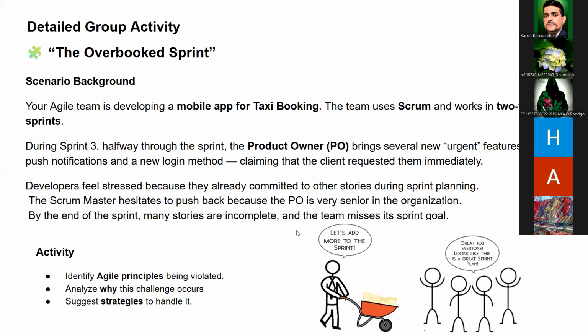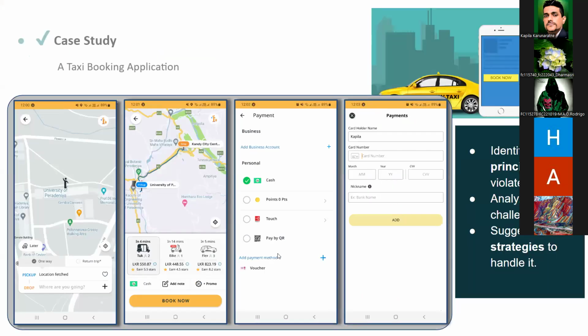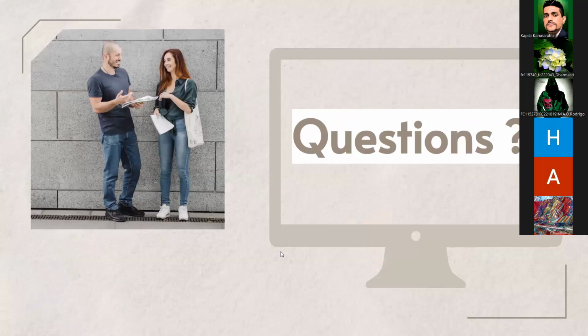I'm not going to do this here. This is a small activity, but try it on your own. I will share the answers. I have given three activities, right? I will share the answers next week, so then you can review your answers whether they are correct or not. Do you have any other questions?